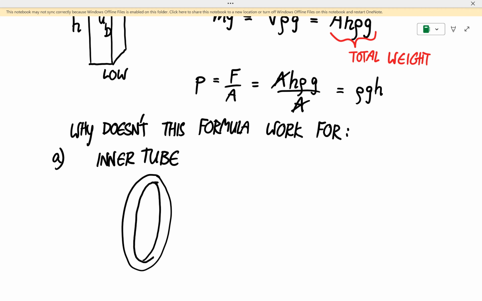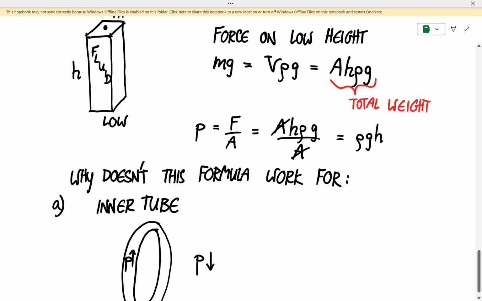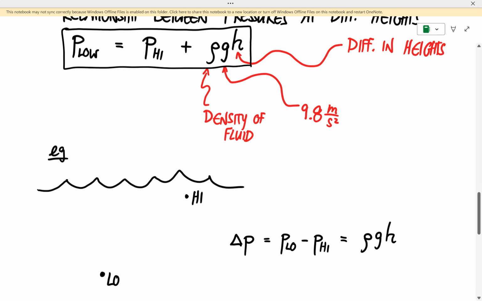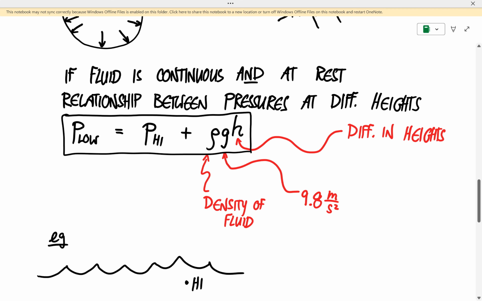Inside the tube, after you pump it up, you have a really big pressure compared to out here, say at the same height of this inner tube, where you have a small pressure. So what's the deal there? The height doesn't tell us the difference in pressure. Why doesn't it work? Because it's not open. Yeah, because it's not continuous.